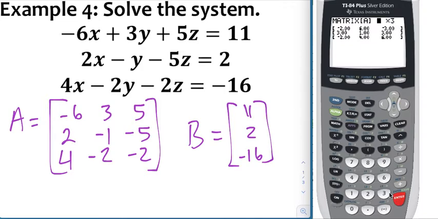So we'll go and edit matrix A, and we'll edit matrix B.